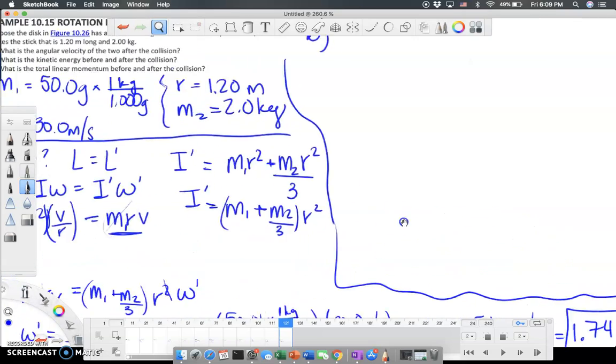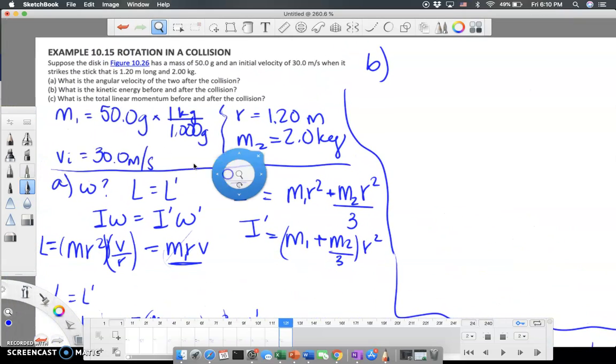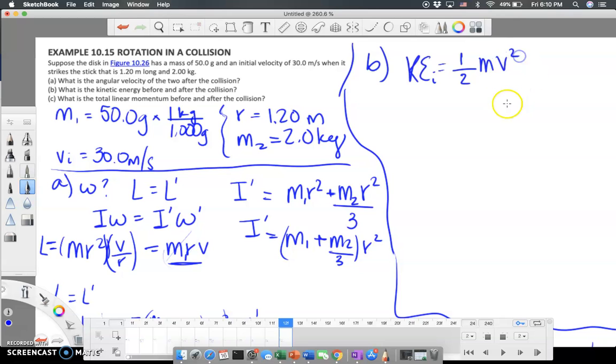The second part of the problem, part B, asks what is the kinetic energy before and after the collision. Before the collision, we just have a linear velocity, so our kinetic energy is also going to be linear, the classic 1/2 mv squared.